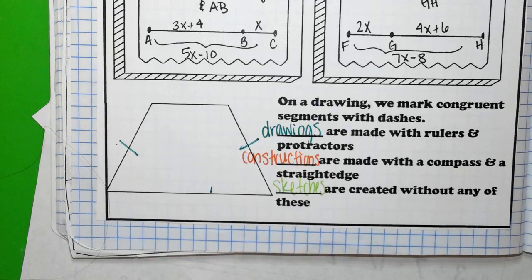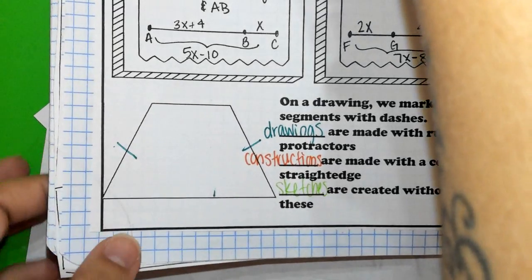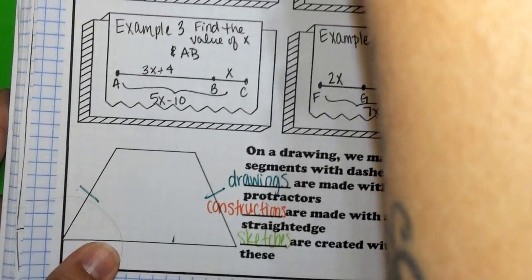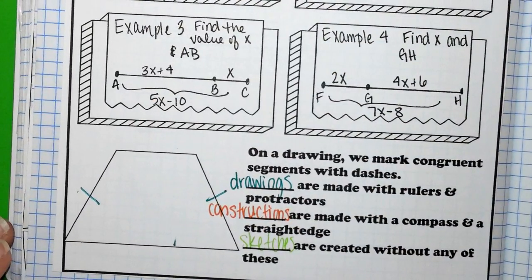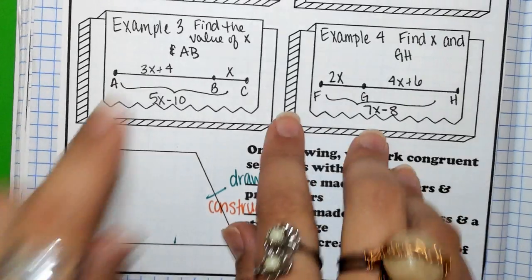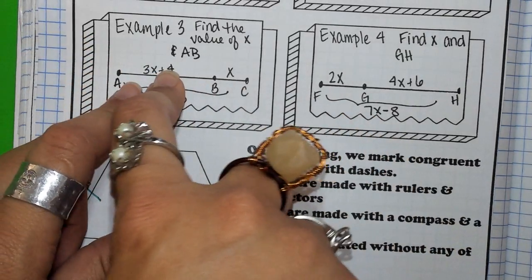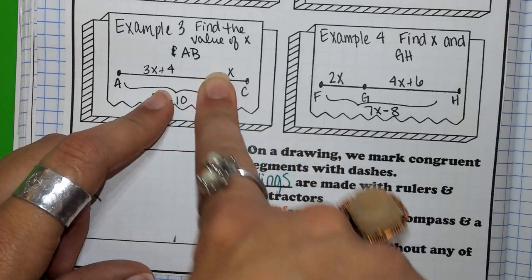Now, looking at example 3, how do you think we would find the value of x? Put them equal to each other. Would we set 3x plus 4 equal to x?